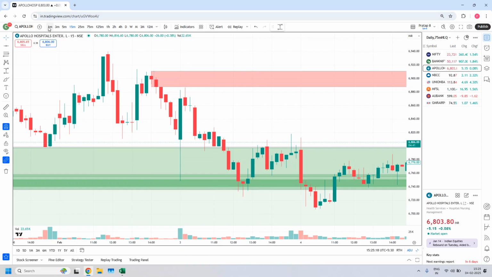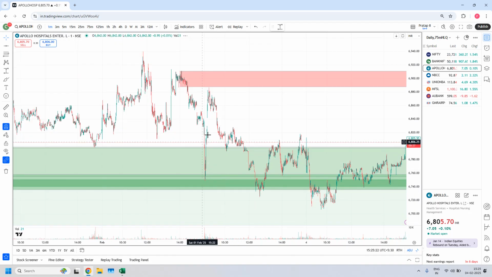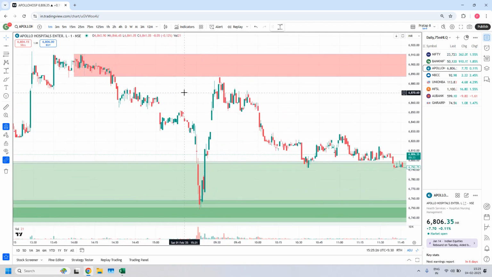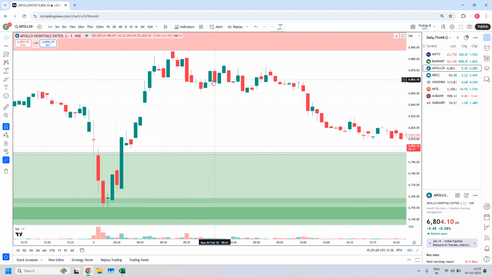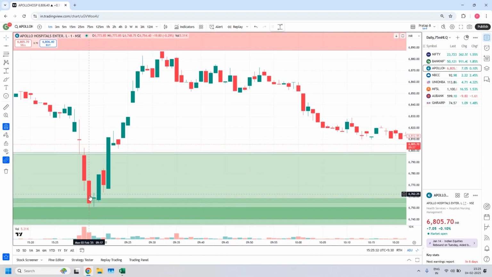Let me go to 1 minute, you get better clarity. 1 minute chart. We have to ensure it is not the 9:15 1 minute candle, our trade. So this is the morning 9:15, 17th candle, even the 18th candle, both the candles you got the trade. This is the one.